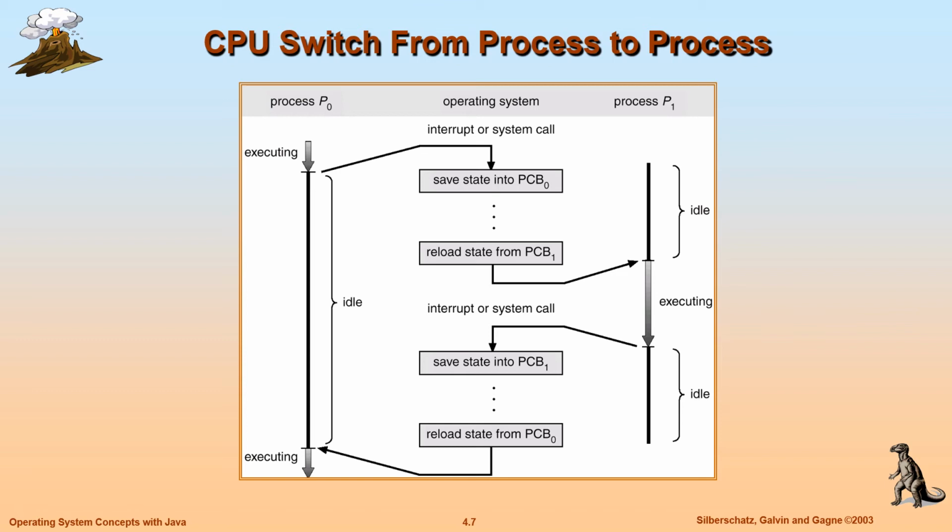Whenever an interrupt occurs again for process P1, the status is saved into PCB1 again. And this continues like this. And again P0 wants to execute, so the state of PCB0 is reloaded into process P0.